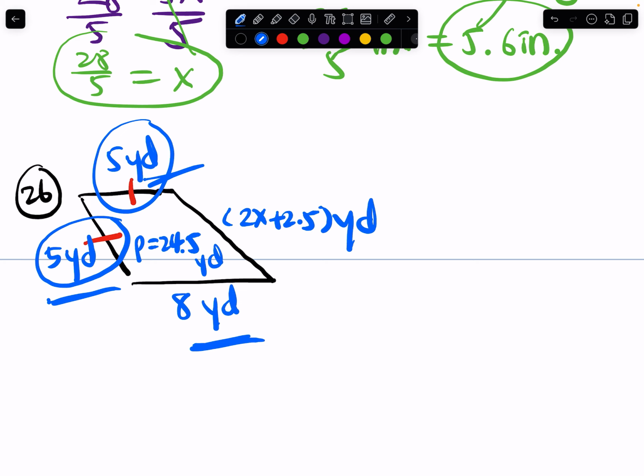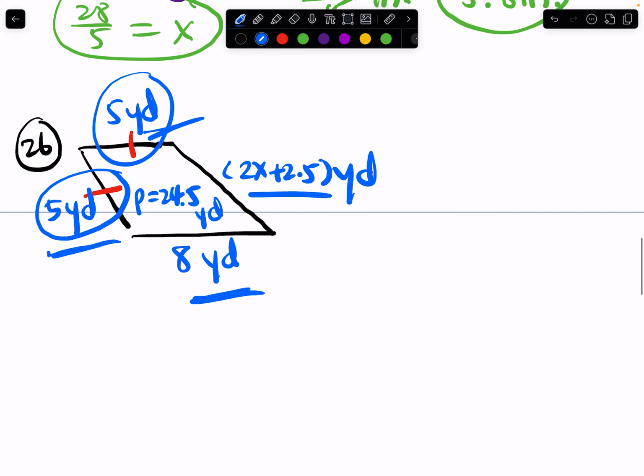And guess what? The last one is an expression length, but that should not bother me, because what I can do is add 5 yards, which is the first length, and then one more 5 yards, the second length. I promised you after the blue, I will use purple.